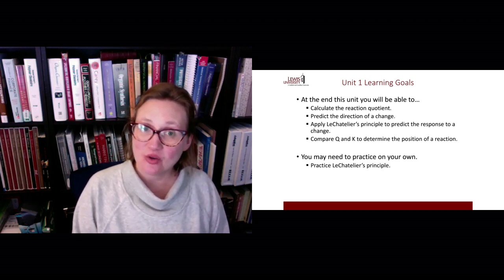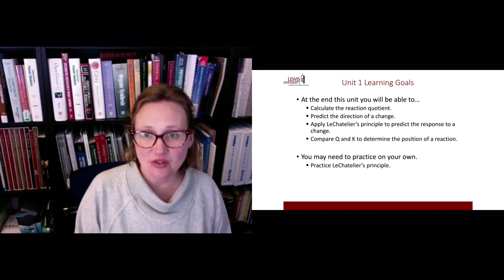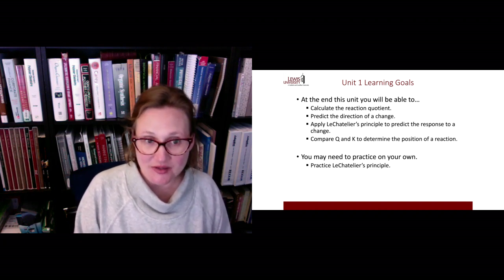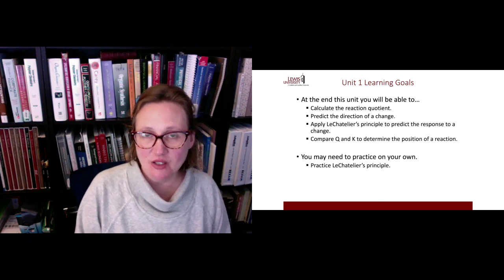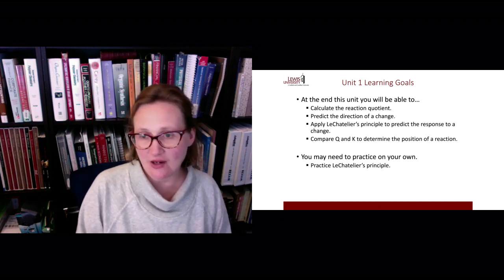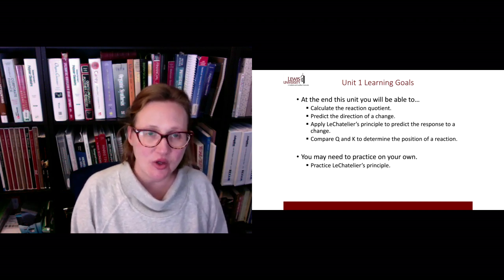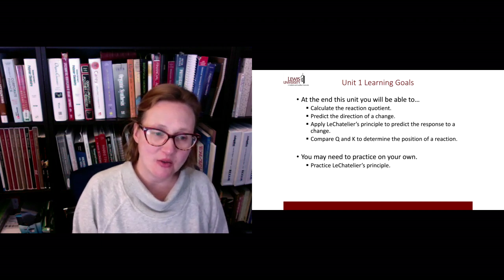You'll be able to apply Le Chatelier's principle to predict the response to a change, and by doing that, you're going to compare the reaction quotient and the equilibrium constant to determine the position of a reaction. All right, and so what you might have to do at the end of this video is also practice Le Chatelier's principle.